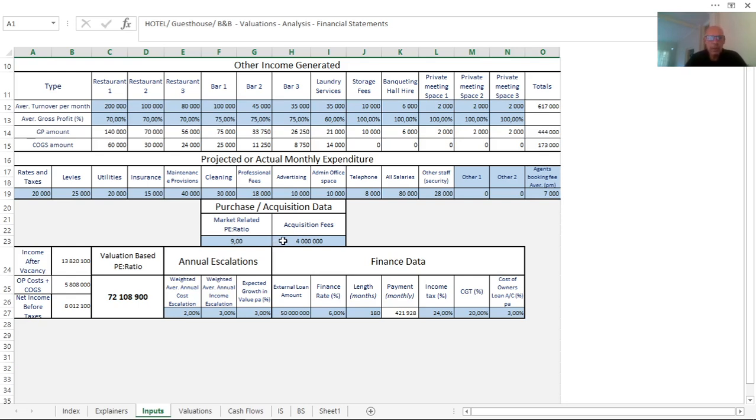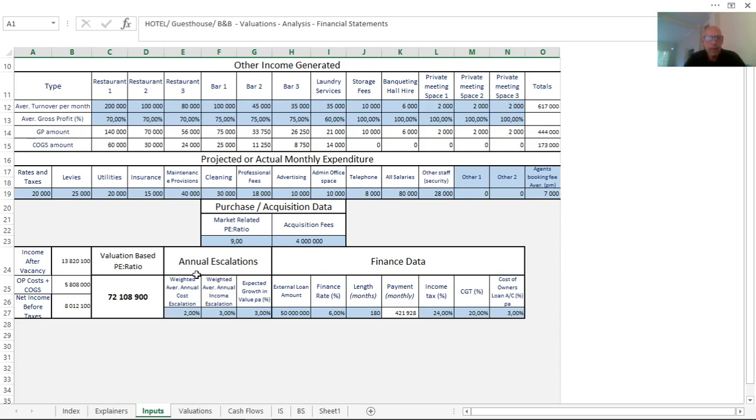And your acquisition fees, which would be your attorney's fees or transfer costs or whatever else you might have to pay to get the property into your name. This has been automated for you. It's your incomes after vacancy, your op costs, and your net income before taxes will equate to a valuation based on this price earnings ratio.